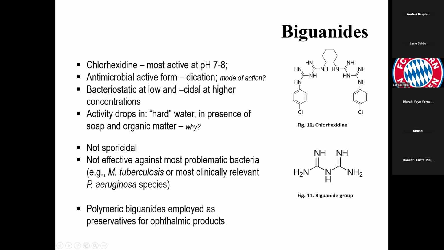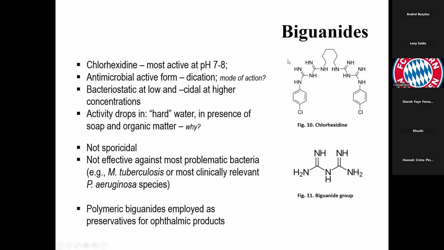This is the formula of chlorhexidine. That is a very common antiseptic, a specific representative of the class. And chlorhexidine, you probably don't know, but it is probably the main compound in mouthwashes. That's the chemical they use in mouthwashes.